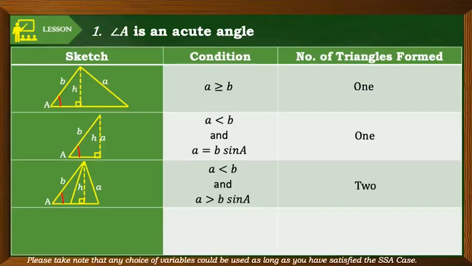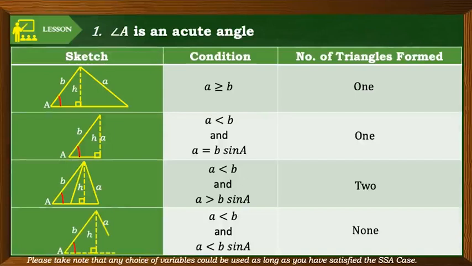And the fourth illustration is, if angle A is an acute angle and its opposite side a is less than an adjacent side b, and when you check that a is less than b times sin A, then there is no triangle formed. Please take note that any choice of variables could be used as long as you have satisfied the SSA case.